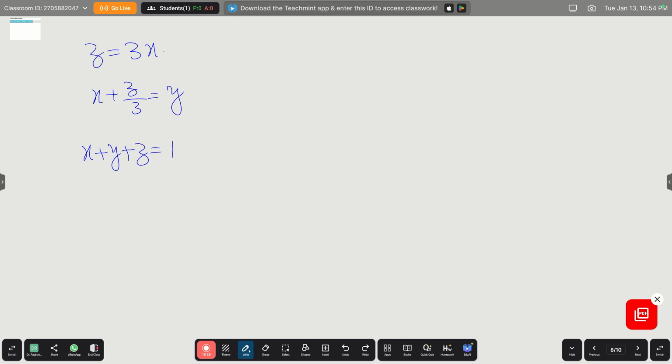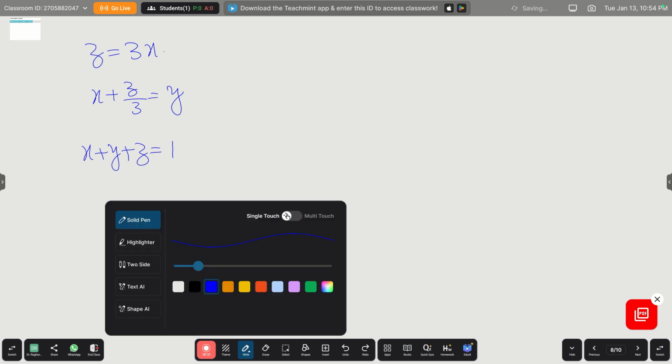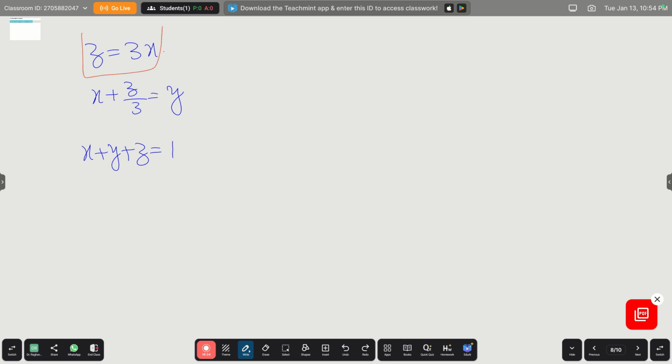So z equal to 3x, one variable is expressed in terms of the other. That's okay, I need not simplify further. The only thing, the second equation I have to simplify. x plus z by 3, z is 3x, I already know it is 3x by 3 is equal to y.